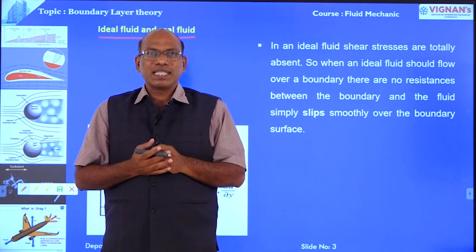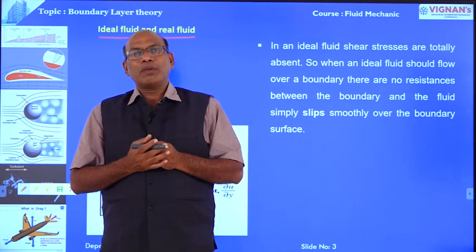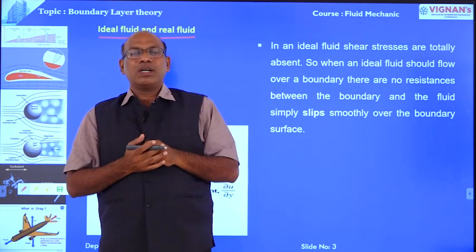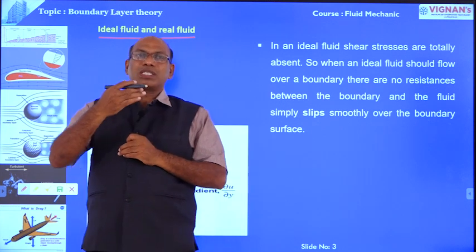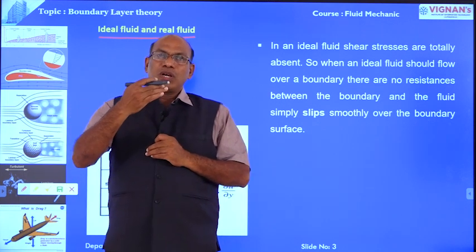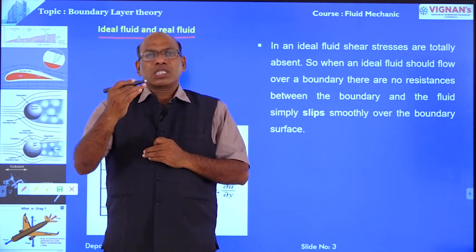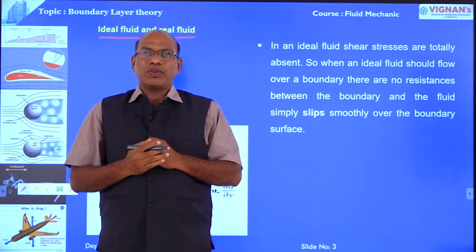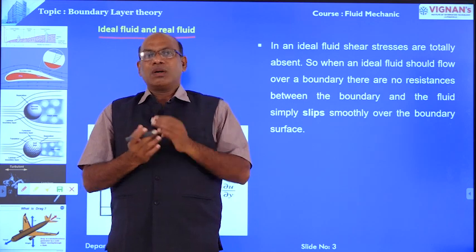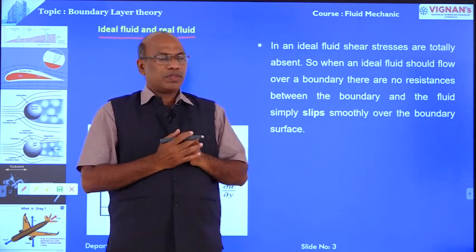If there is no viscosity, there is no bond between the boundary and the fluid. Therefore, ideal fluids flowing over the solid boundary slip smoothly over it. There is no contact between the boundary and the fluid.